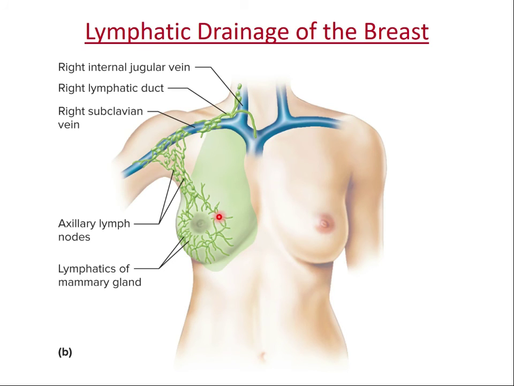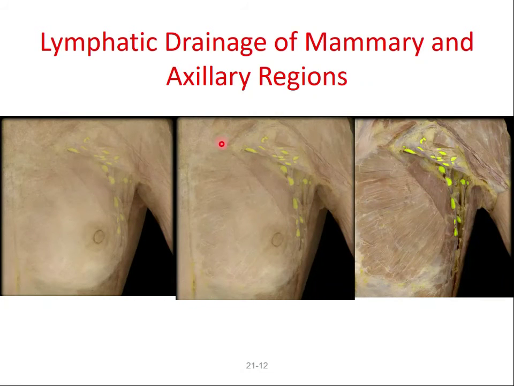If the breast cancer has spread beyond the local region, these lymph vessels are able to identify it, and that is why when physicians look to see if the cancer has spread, they will sample these lymph nodes to identify if there are any abnormal or cancer cells.